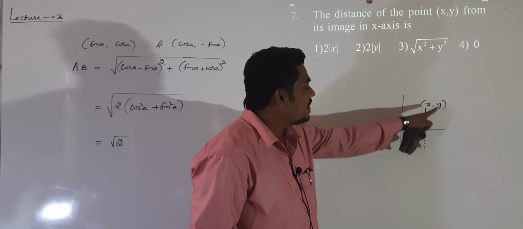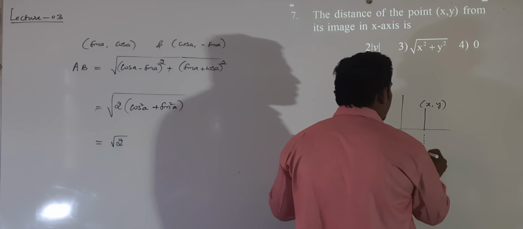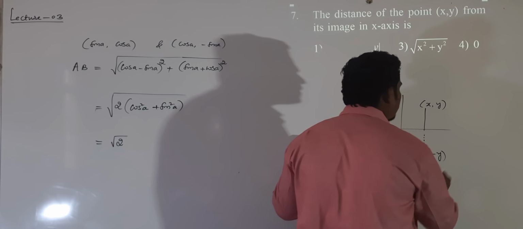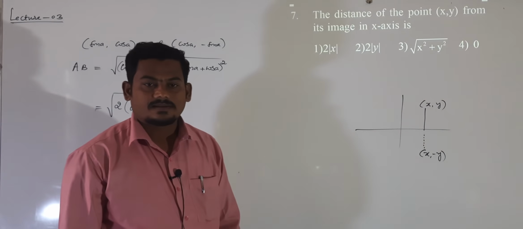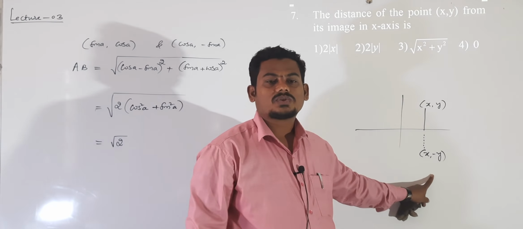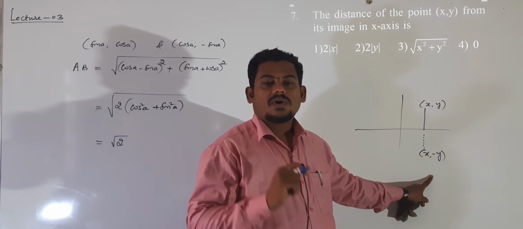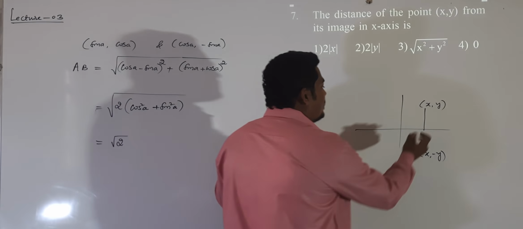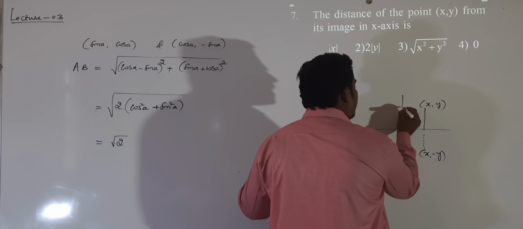Image of this point with respect to x axis lies in 4th quadrant and it will be x comma minus y. Clearly the y coordinate becomes negative. Why? Because it is in 4th quadrant, and in 4th quadrant the y coordinate is negative.